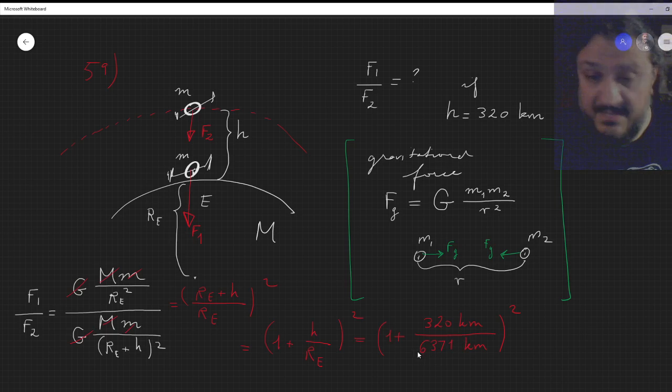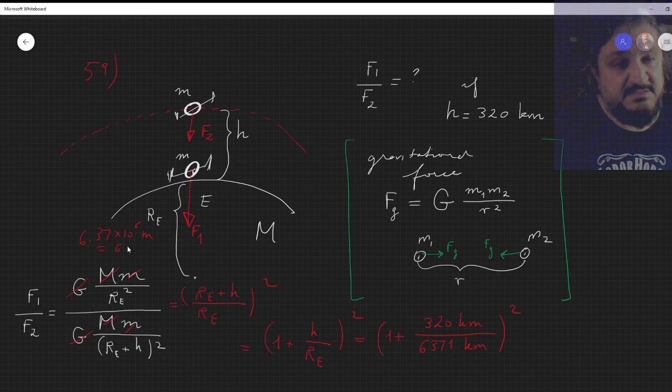So let's write it down. 6.37 times 10 to the power 6 meters is equal to 6,370. I think 71 should be the correct number, kilometers. Okay, so kilometers cancel. Let's just find it quickly.